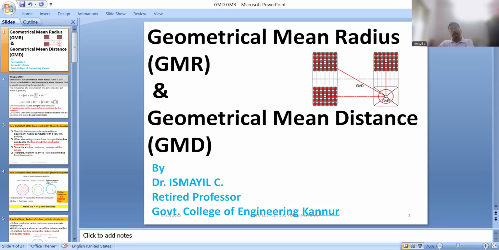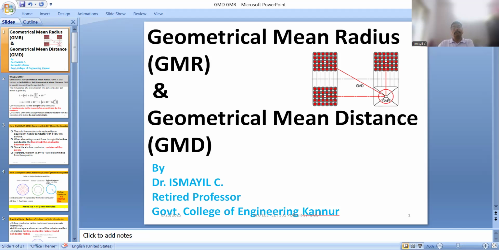This diagram depicts that the solid conductor has a higher radius than the equivalent hollow conductor. We can easily derive that the geometrical mean radius, usually represented by R dash, is equal to 0.7788 into R, where R is the physical radius of the conductor.